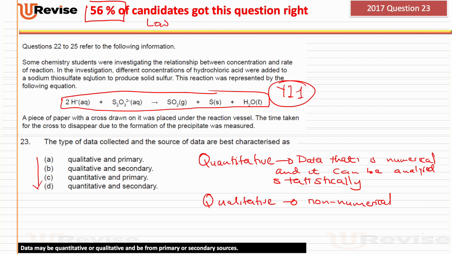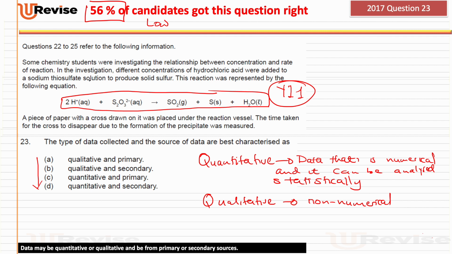What about primary and secondary data? Primary data is first-hand data, the data that is collected by the person conducting the investigation, and they process their data. Secondary data is data that was collected by someone else and passed on to you.